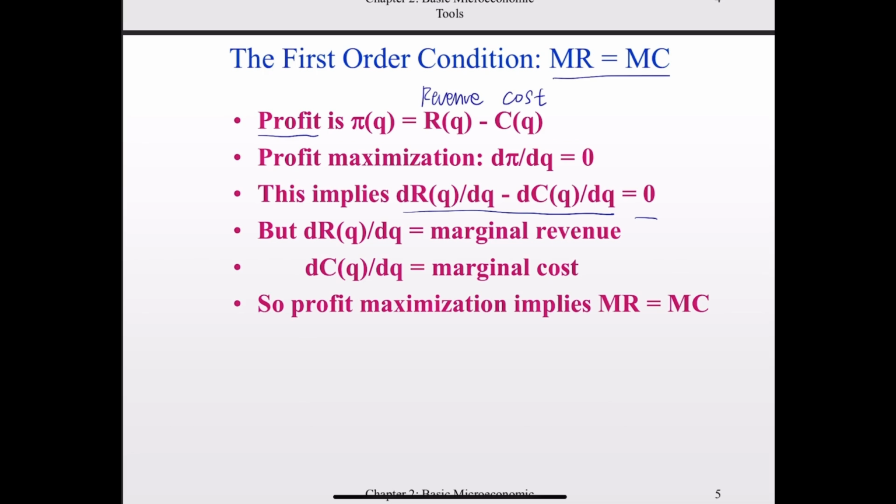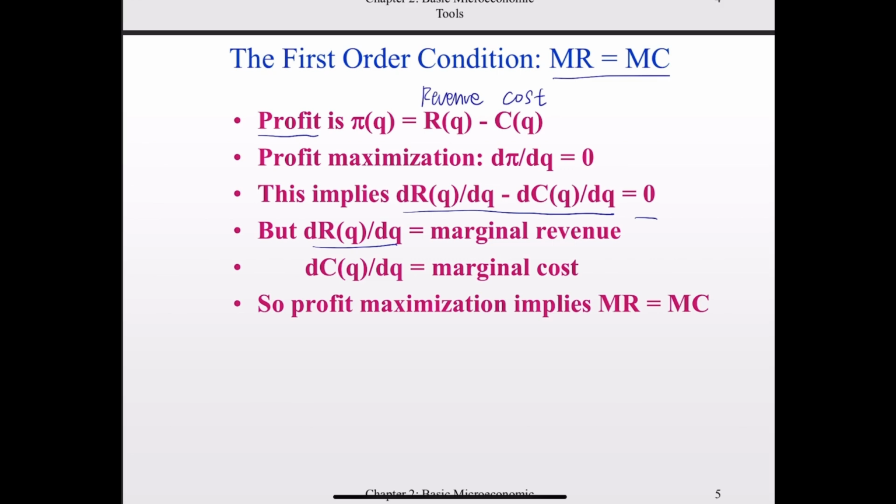When we take this derivative, we get the derivative of revenue minus the derivative of cost, both with respect to quantity. In simpler terms, we are looking at how revenue changes as we produce one more unit minus how cost changes as we produce one more unit. Now, the change in revenue as we produce one more unit is called marginal revenue.